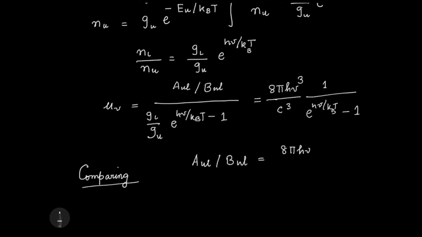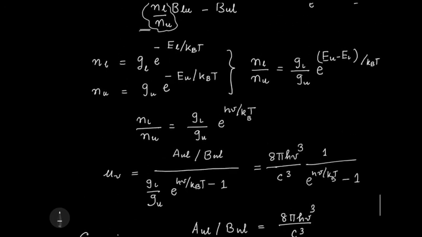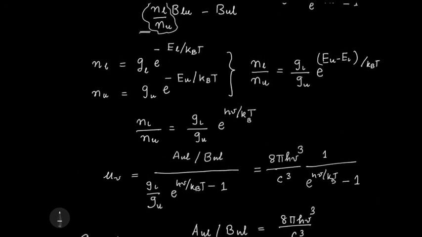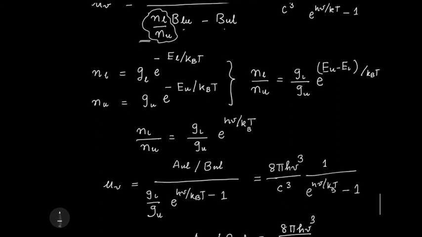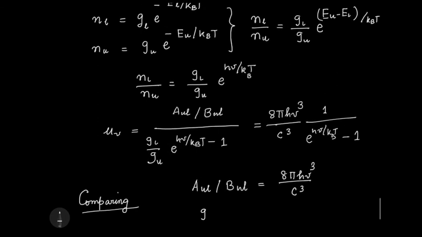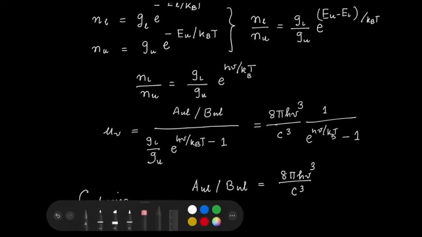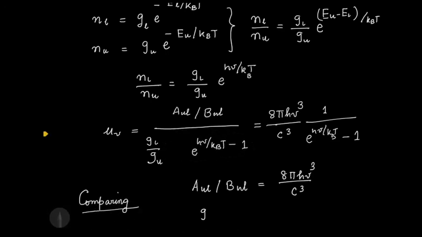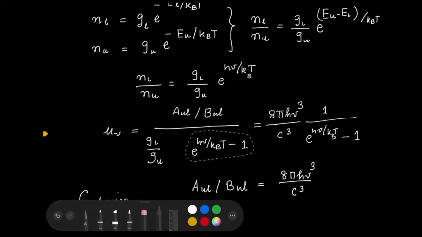we realize that AUL by BUL is this factor 8 pi H nu cube by c cube. So this is not just GL by GU, but I also will have BLU by BUL, right?